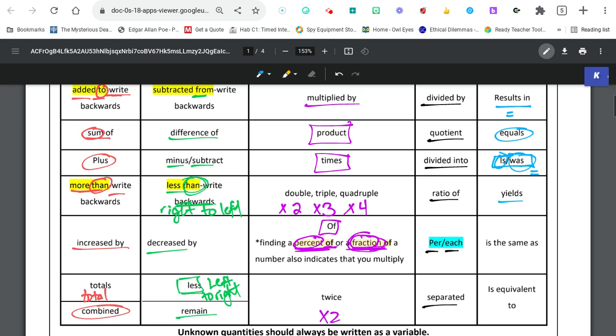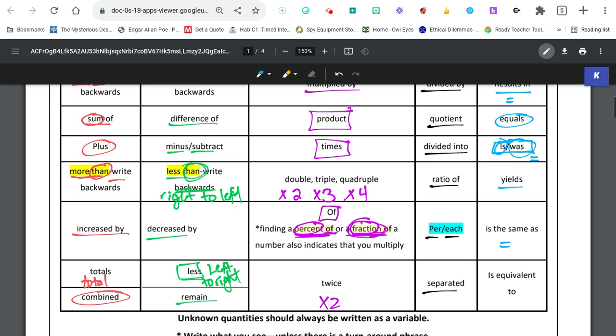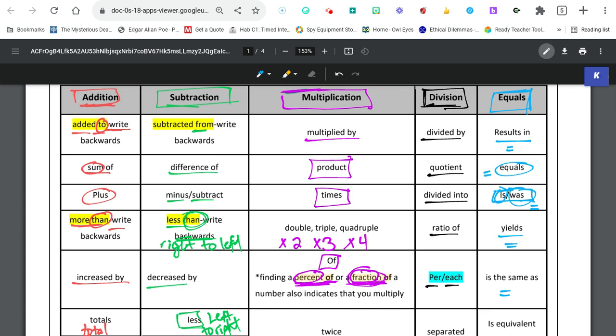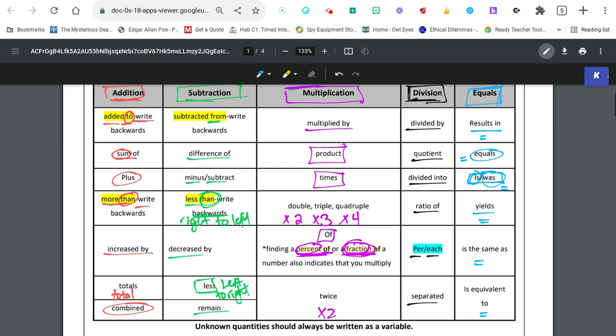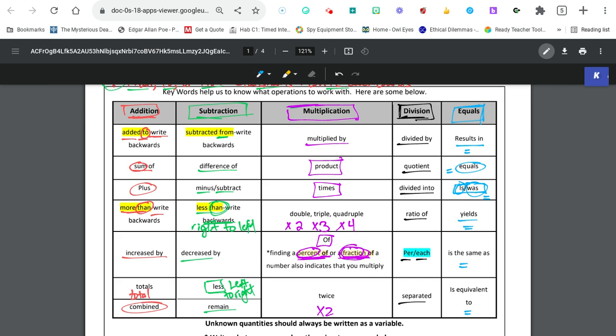Yields is equal. Is the same as is equal. Is equivalent to is equal. All these mean equal, okay? All right, so you just need to make sure you learn what each of these mean, because you can't use the chart on the test. But we're going to do so much practice that you should get it, okay?